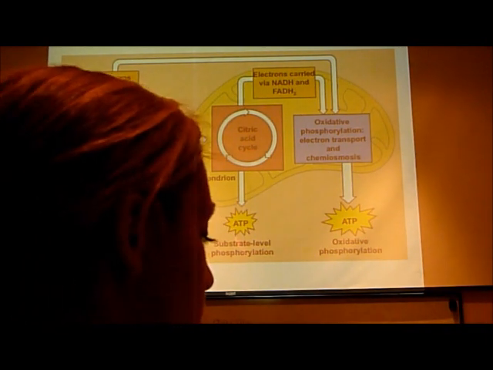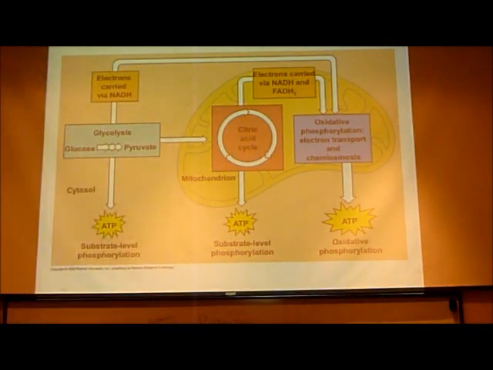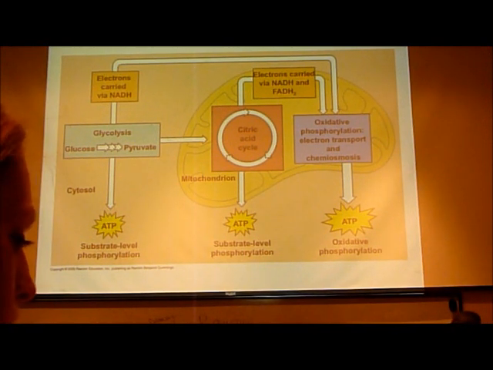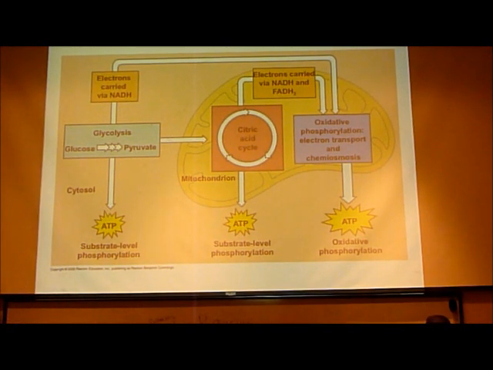Oxidative phosphorylation, which we're going to find, is generated by those protons through a process called chemiosmosis. We'll talk about it. Basically what it is, we're generating a chemical gradient with those protons, and that chemical gradient is going to be what drives the phosphorylation of ADP to ATP.